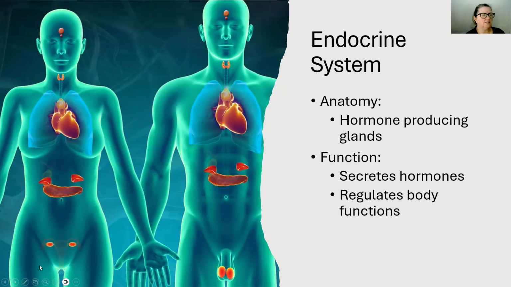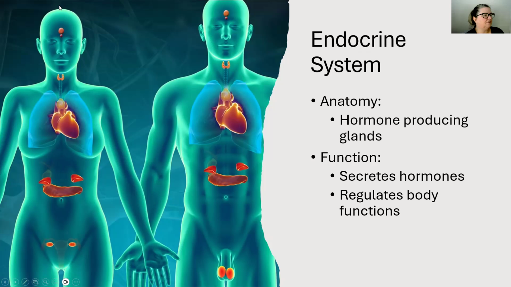The endocrine system, the anatomy are hormone-producing glands. This is why we have this one broken into male and female again. And their primary functions are to secrete hormones and then regulate body functions.